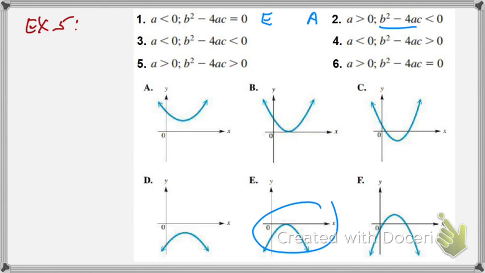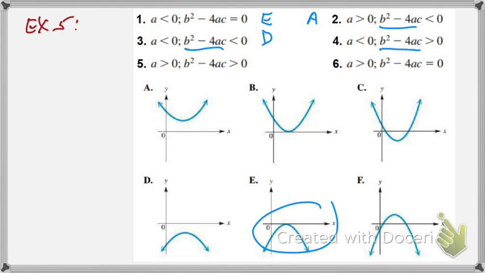Look at 3. A is less than 0. It's going to open down. The discriminant is less than 0. Doesn't touch the x-axis. It's got to be D. I know the bell's fixing to catch us. Look at 4. Less than 0, opens down.